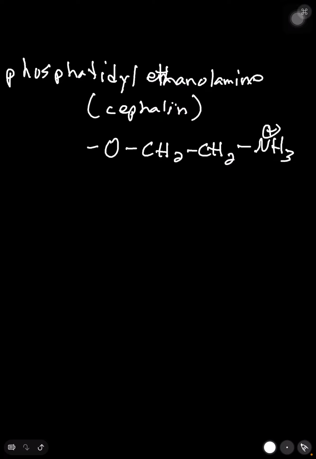That's the ethanolamine tail. And again, just like any other phospholipid, it is found in high concentrations in membranes, but specifically, this one's found quite a bit in the nervous system.